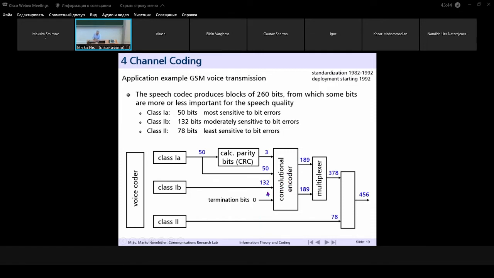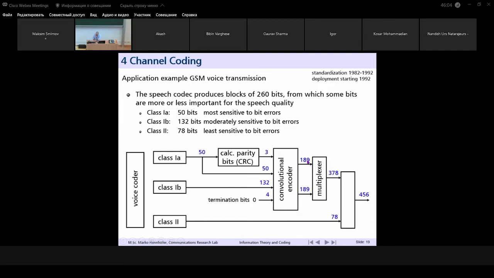And here, you're actually referring to your question before. You see the 4 termination bits get added. So this means obviously we have here a code with memory 4, constraint length 5 that is used.